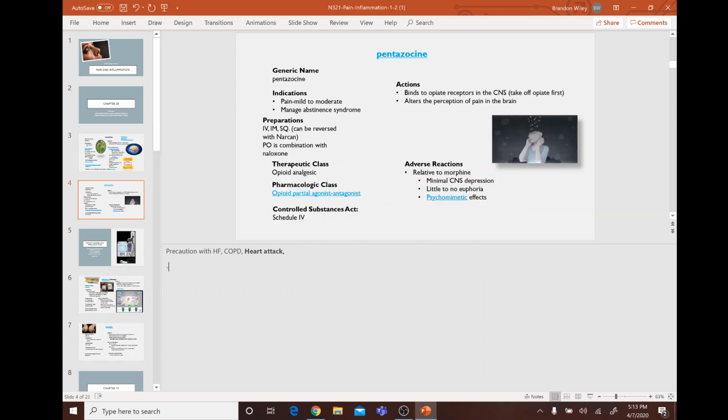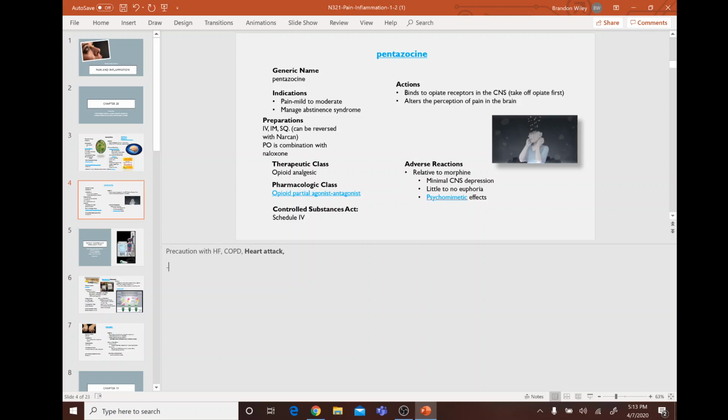All right, what is pentazocine used for? Mild to moderate pain, manage abstinence syndrome. How is pentazocine prepared? IV, IM, sub-Q, which can be reversed by Narcan.